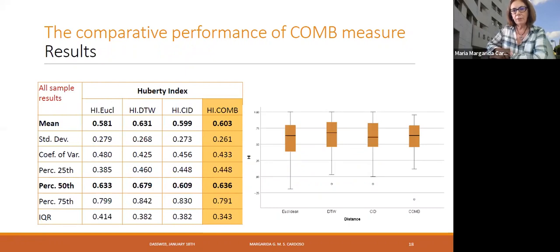The comparative performance of these measures, these are the results that refer to the 57 data sets. And we can see here that the DTW has the highest mean, and it performs well, as it has also the highest 50th percentile, the median. And the second place is for the proposed distance.